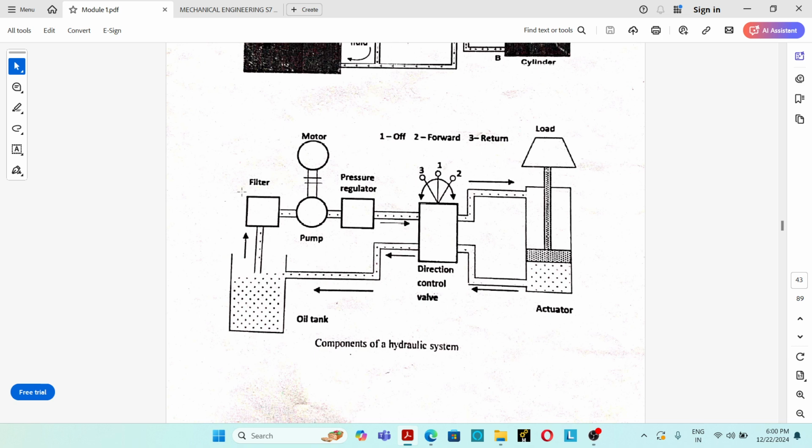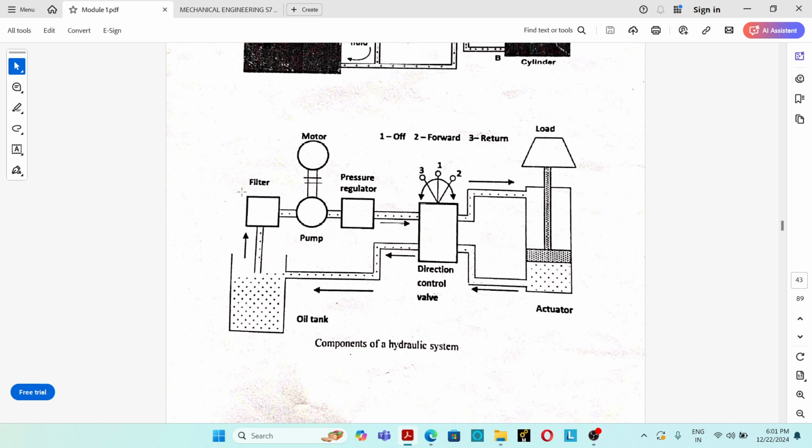Next one, pump. Actually, a pump is a mechanical device which converts mechanical energy into hydraulic energy, which pressurizes the hydraulic oil. When low pressure hydraulic oil flows through the pump, it is converted into high pressure.